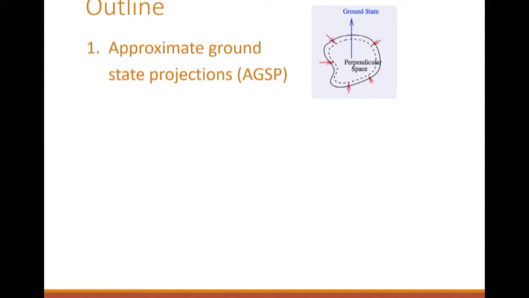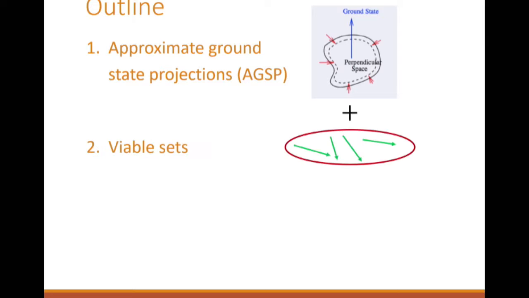All right, so let's go for it. There are two things I want to tell you about in order to understand this algorithm. First, there's an algorithmic component, which we call approximate ground state projection. Maybe I'll refer to it as the workhorse of the algorithm, the component that does all the work. And then there's a data structure. We're not going to work directly with matrix product states.